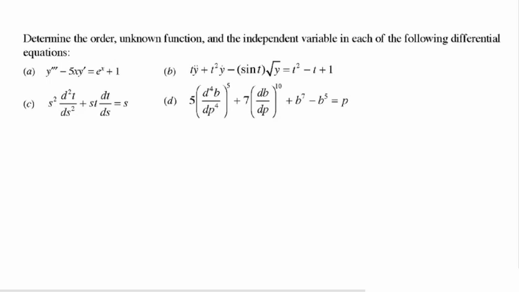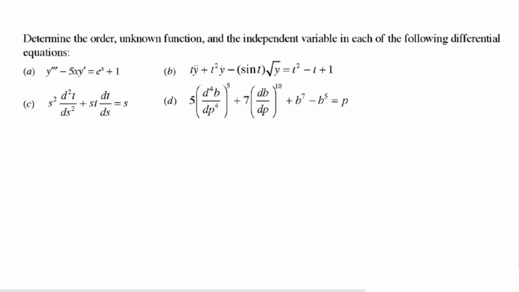We are going to determine the order, a known function, and the independent variable in each of the following differential equations. For letter A, we have y triple prime minus 5xy prime equals e raised to x plus 1. First, we are going to determine the order.